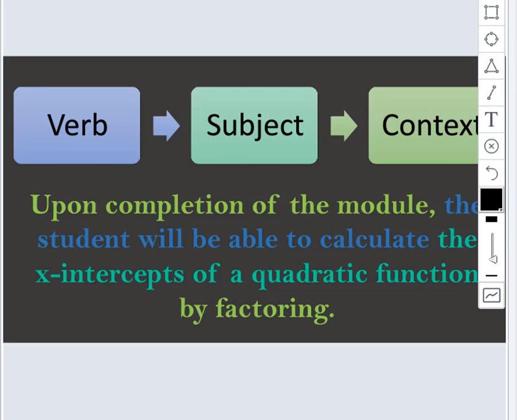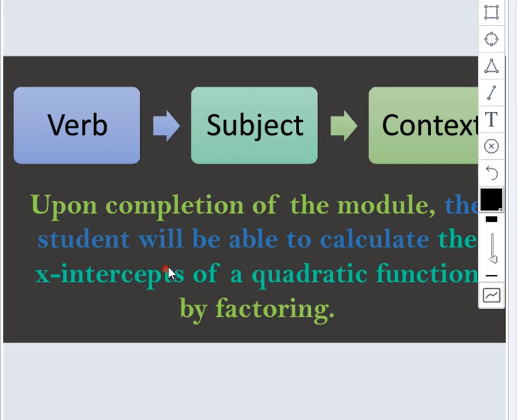This is just a template for creating objectives. Use a verb, have some sort of subject, and then include some sort of context. You can see here how this is color coded. My verb is that the student will be able to calculate. My subject of the objective is x-intercepts for a quadratic function.